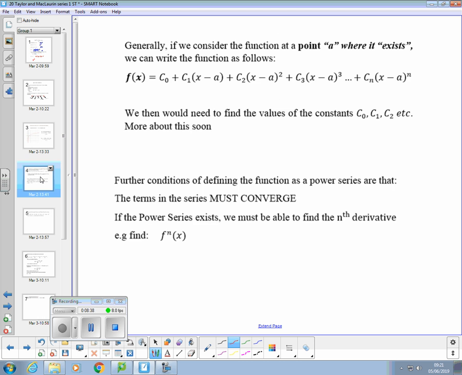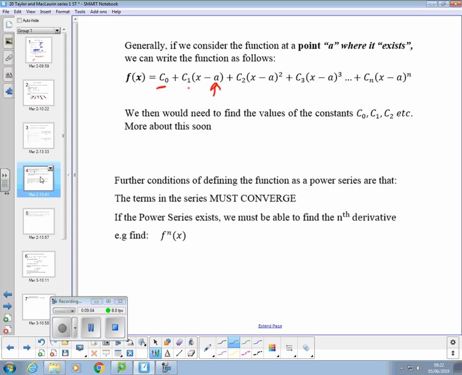So, if we consider the function, we write it as follows. The function is equal to the constant term, at point A where it exists, so A is the point of focus I've been talking about.